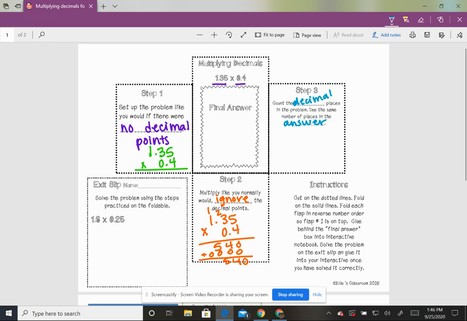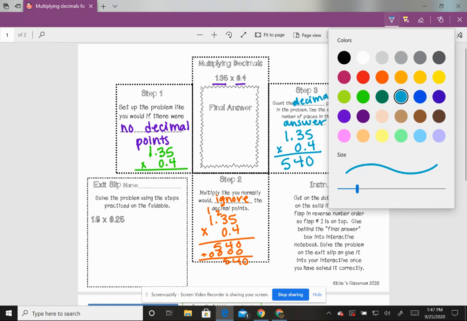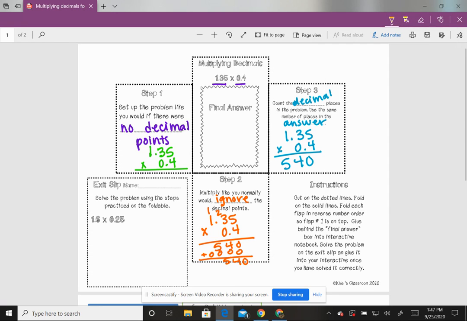This should look nearly identical to what we did on the multiplying decimals and whole numbers page. I know just from being reasonable, it wouldn't make sense to have 1 and 35 hundredths times 4 tenths. That would never equal 540. That's just not logical. So what do we need to do?